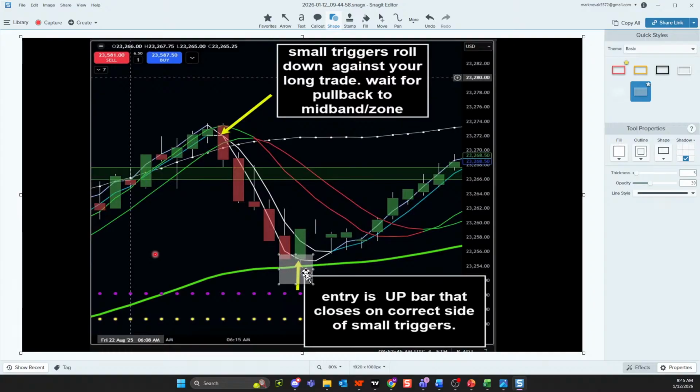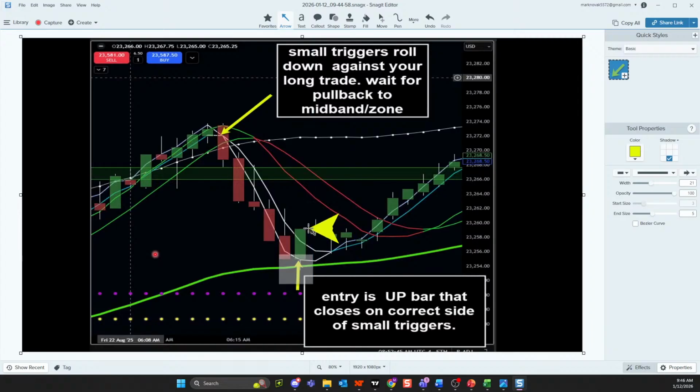When it gets there, we don't just jump in because these 1 minute small triggers are strong. They're feisty. And you're going to wait for a close on the correct side of the triggers. And the correct side of the triggers for a long trade is 2 corners of an up bar above the small triggers. And the correct side of the triggers for a short trade is 2 corners of a down bar below the triggers.